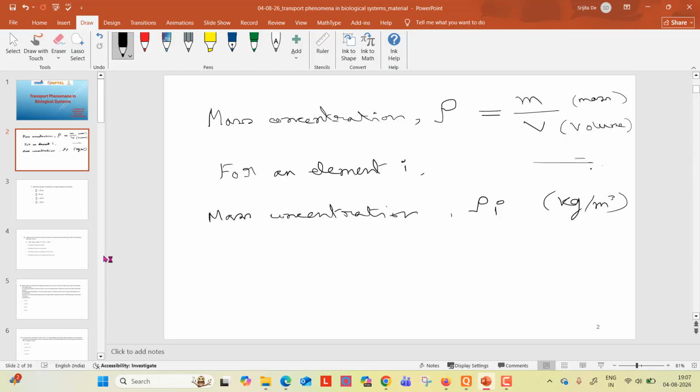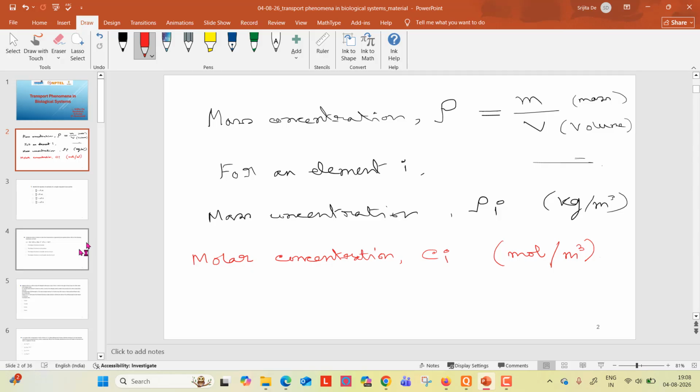Mass per volume. Similarly, if we want to quantify molar concentration, we will define it as Ci. It is the naming, so it is mole per meter cube, right?